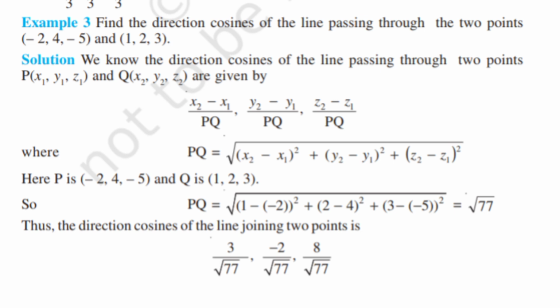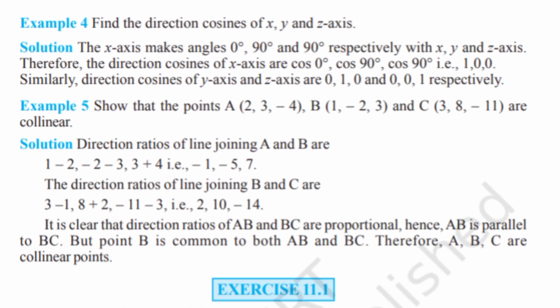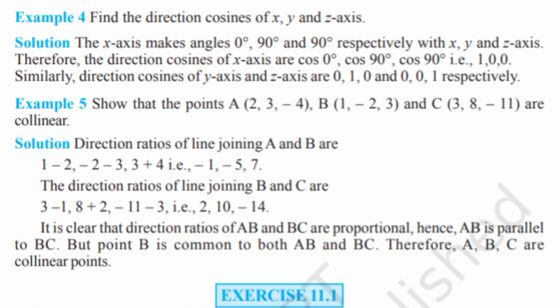Find the direction cosines of the x, y and z axes. The x-axis makes angles 0 degrees, 90 degrees and 90 degrees respectively with the x, y and z axes. Therefore, the direction cosines of the x-axis are cos 0 degrees, cos 90 degrees and cos 90 degrees, that is 1, 0, 0.